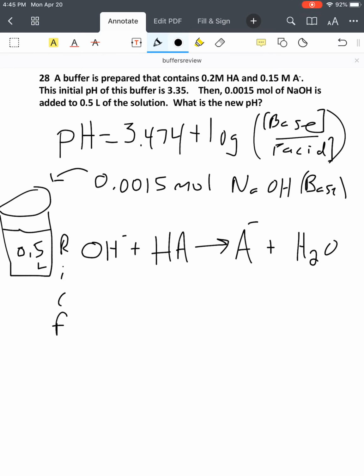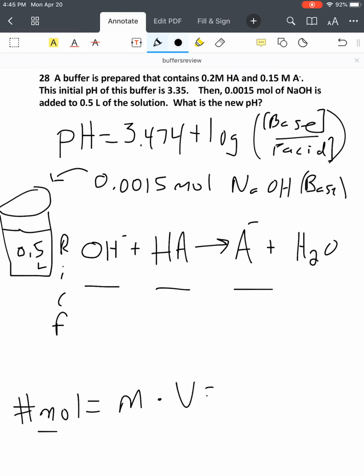but now I need to write my RICF inventory type approach to figure out how things change from the beginning to the end of this reaction. So here's where I got to get quantitative. And when I'm treating my reaction as a one-way street, I always like to work the problem in terms of number of moles of substances present.